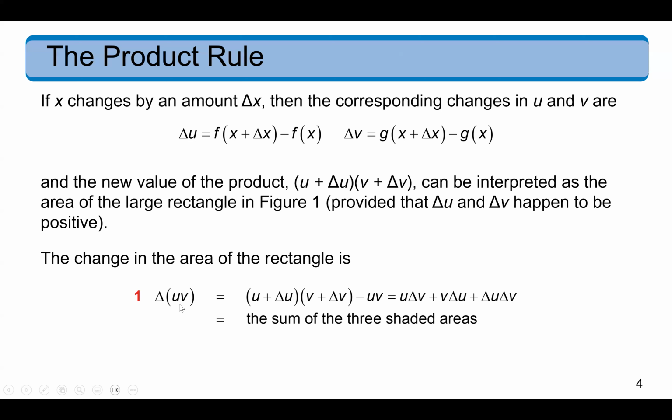So in conclusion, we can say that d(uv) will give us (u plus du) times (v plus dv) minus uv, which will give us u dv plus v du plus du dv. And we can see here we have the sum of the 3 shaded areas together.